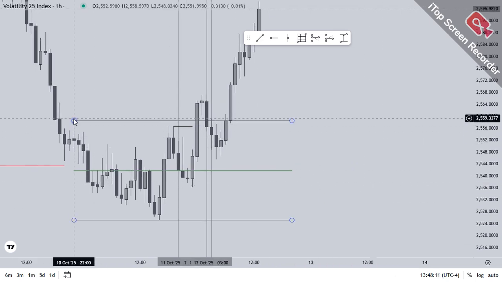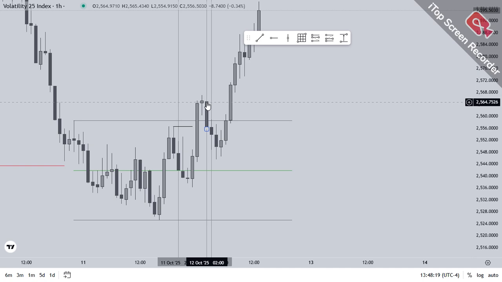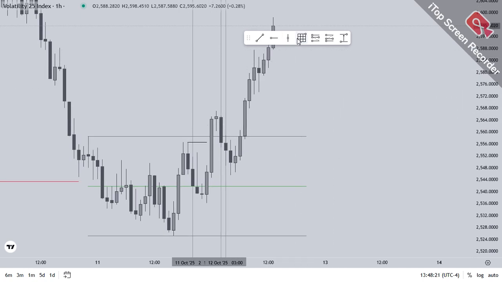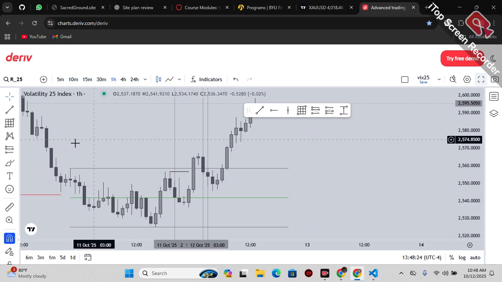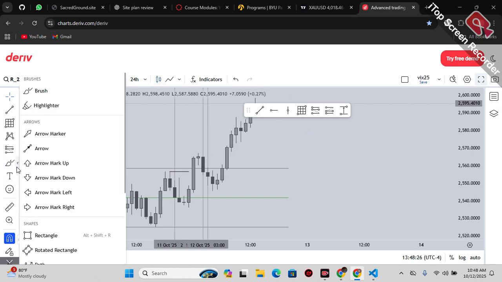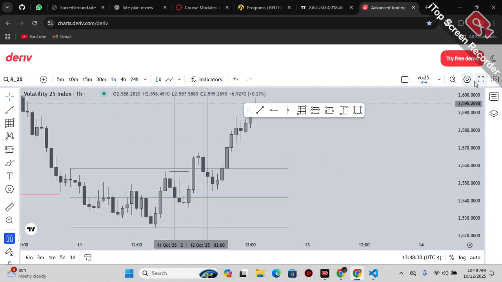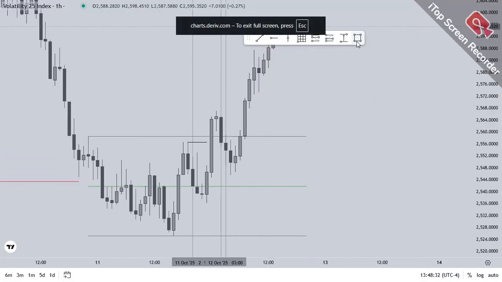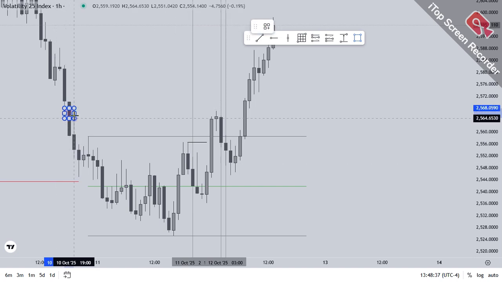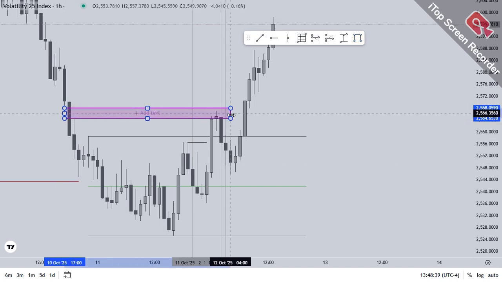In this case, we have this high swept, and then the London session started, and we cannot say that we did not see this fair value gap, right? We can't say that we didn't see this.